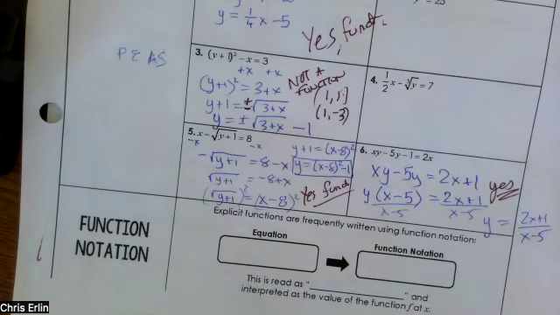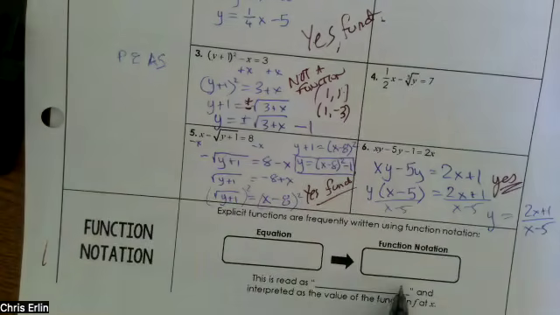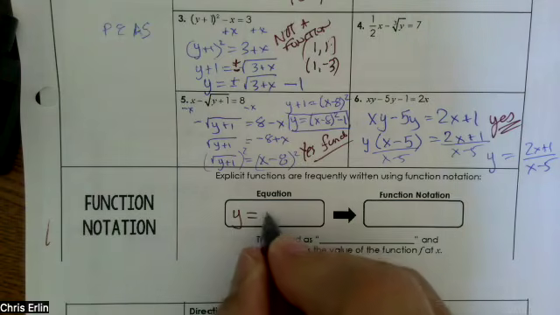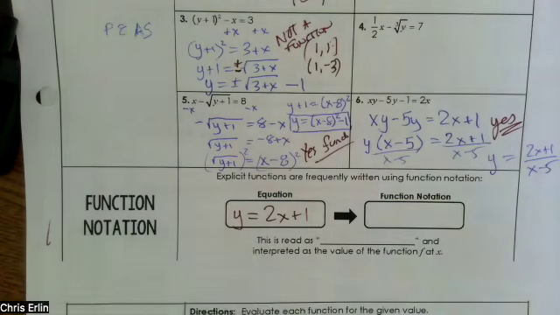Okay. One more concept with a slight challenge in it. To begin with, this should be really familiar. Function notation. If I write like y is equal to 2x plus 1, this is written in a traditional format.